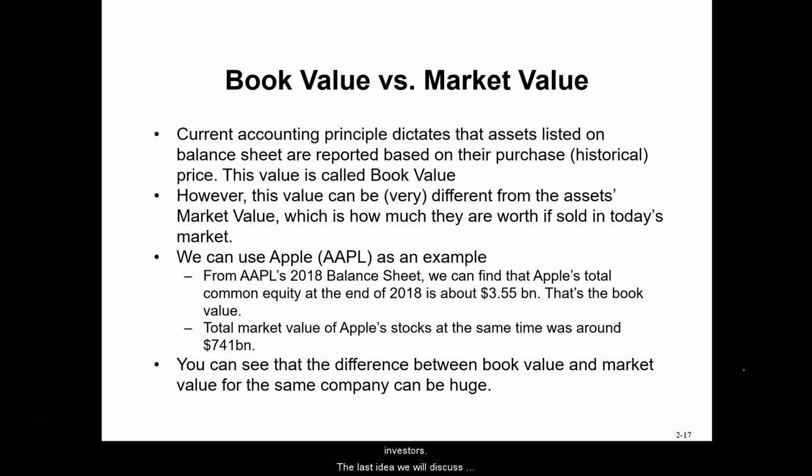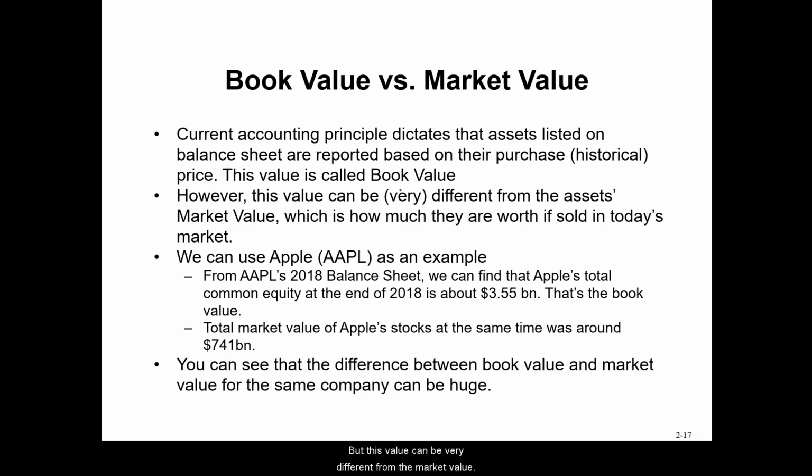The last idea we'll discuss from the balance sheet is this difference between a company's book value and its market value. According to the current accounting principle, we have to record the numbers on the balance sheet based on the purchase or historical prices, and these values are called the book value.